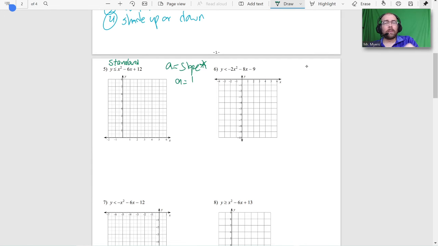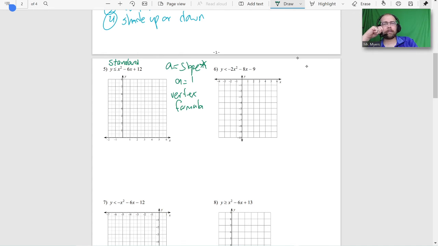And then we need to find the vertex. So for the vertex, we need the vertex formula. Not the vertex equation. That's different. Vertex equation would be a times parentheses x minus h parentheses squared plus k.